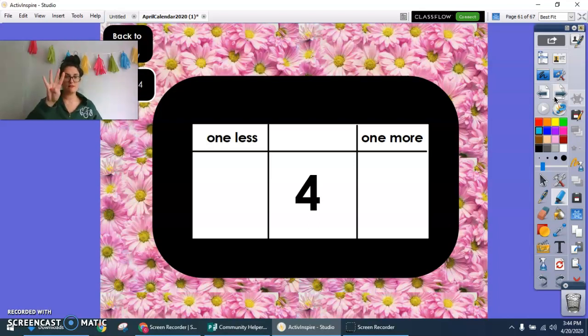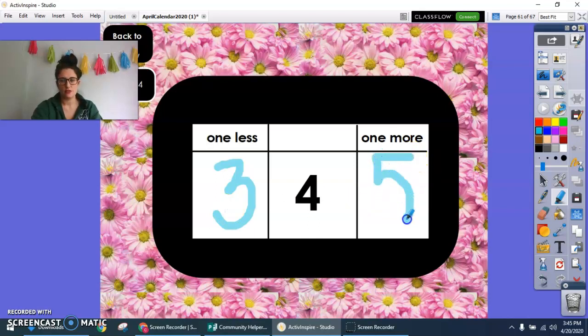All right, so I've got 4 and I'm going to take 1 away and I will get 3. So 3 is 1 less than 4 and then I have 4 and I add 1 more. How many do I have? 5. And we practiced writing those 5s yesterday, so make sure your 5 is looking beautiful.